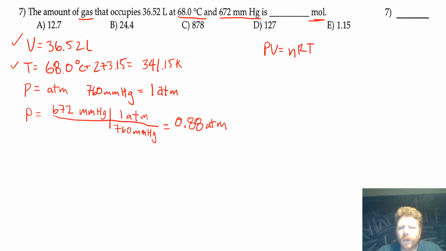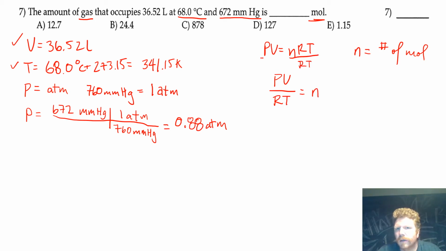The last thing you need to know when manipulating this: what are we solving for? We are solving for n, the number of moles. So we can contort this equation: PV over RT is equal to n. We did the algebra to divide by RT on each side, isolating n.